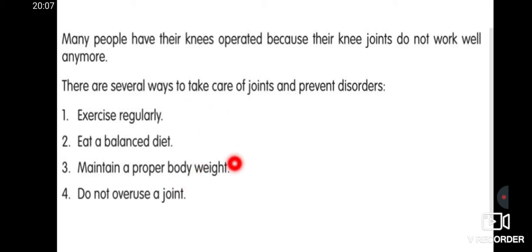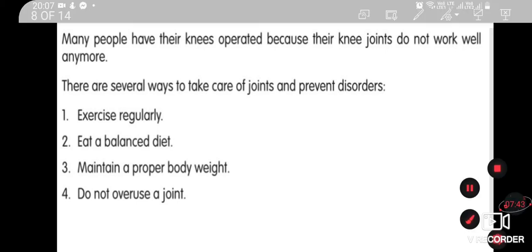These are all basically prevention of joint pain or any other problem like disorders in the joints. So children, we should maintain and follow all these things in our daily routine life so that we can take care of our joints.